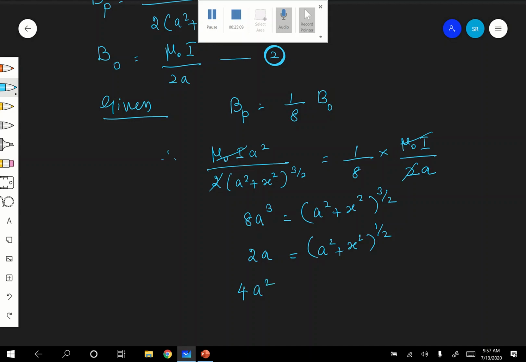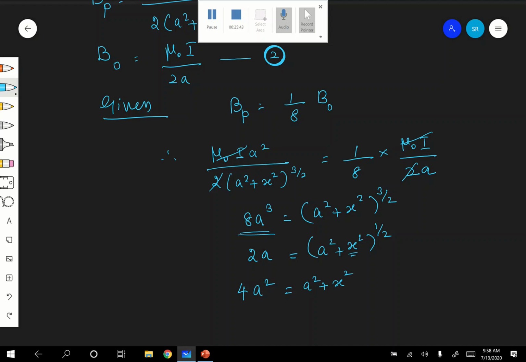I don't want the 3 by 2, so the cube root was taken. It is very nicely kept: 8a cube means 2a cube root. Now I don't want this root also because I need to find out x, at what distance. The question is at what distance on the axis the field becomes 1 by 8 of the field at the center. Therefore, 4a squared is equal to a square plus x squared.